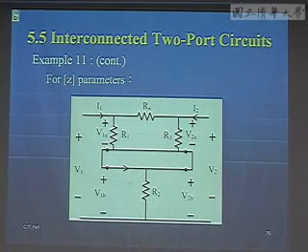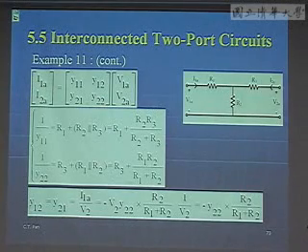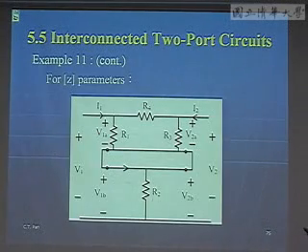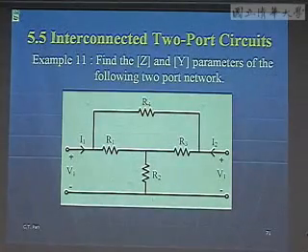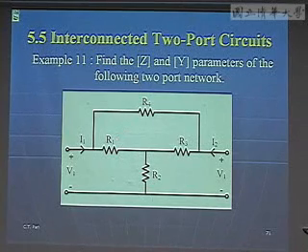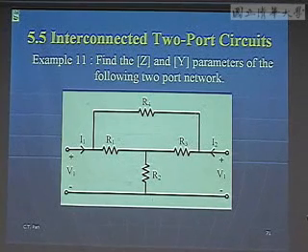Here is another form. We can also consider the two-port interconnection in series form. See here we have R4, R1, R3. 我们是重画这个电路，那 this is a node.